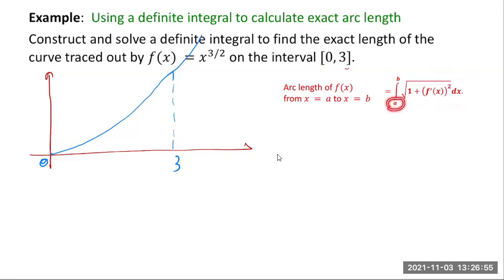Notice that your a is 0 in this case, the lower limit. The b is 3, the upper limit, and of course you can find your f prime of x. So the arc length will be equal to the integral from 0 to 3 of the square root of 1 plus... first of all, I need to find the derivative of my function, because I have to plug in the derivative.